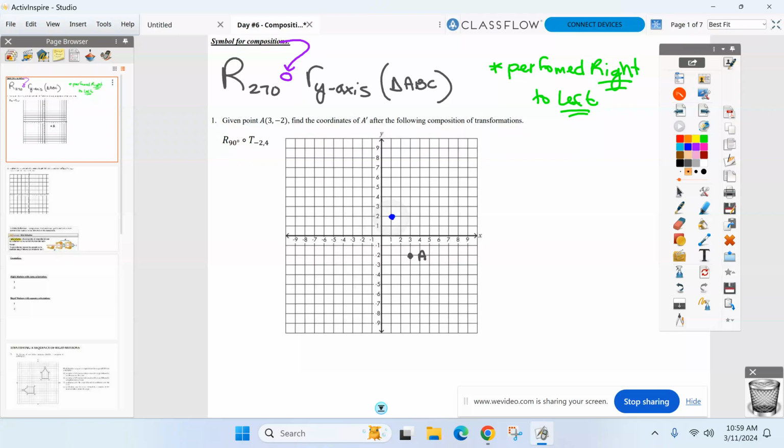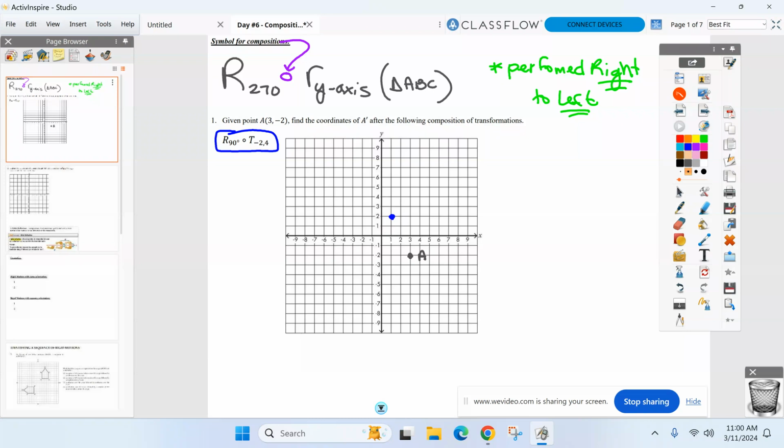Here it is. Now, I'm not going to call this A prime. We consider a composition one full transformation. So at the very end, we're going to call it A prime, not in the middle, because that's considered one full transformation. And then what are we going to do from this point? Rotate it 90 degrees. Which direction?